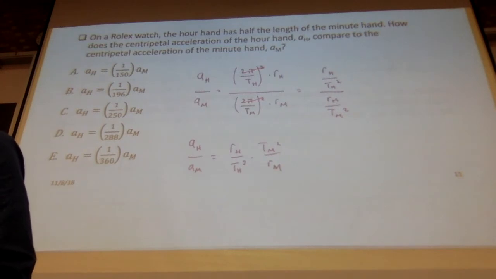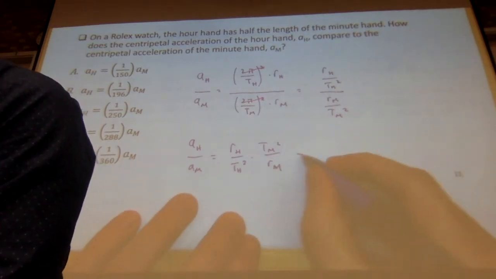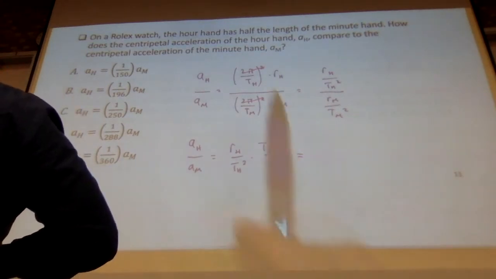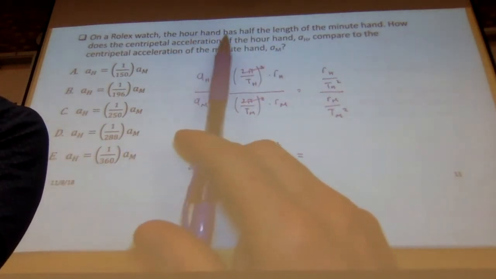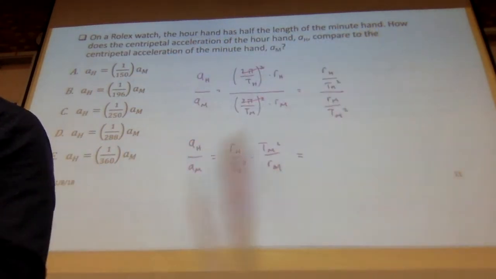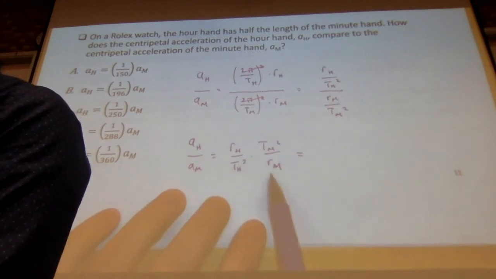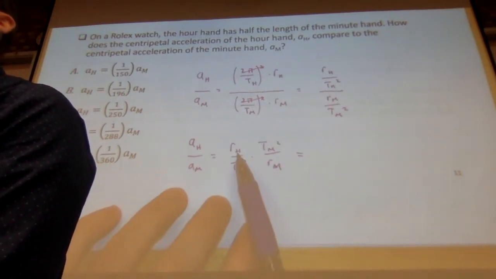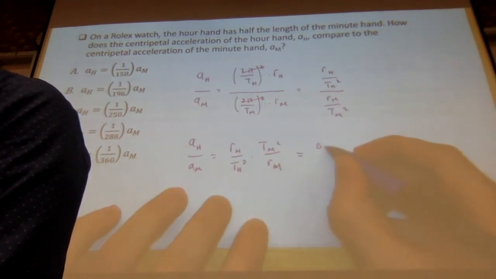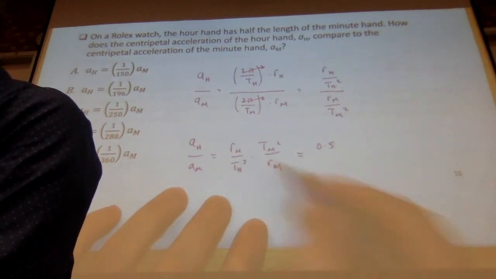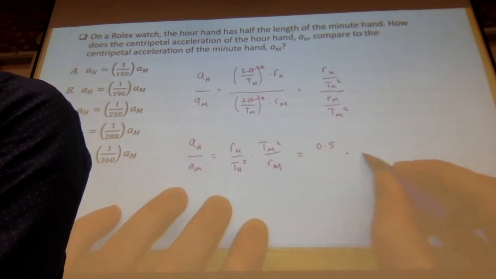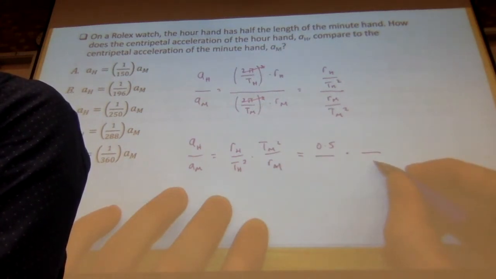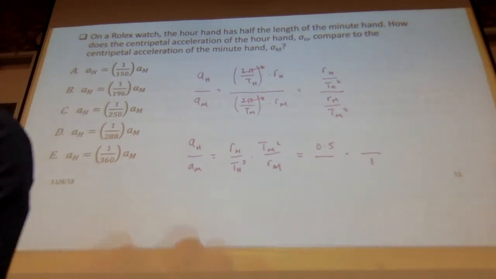And now I do my work. Let's say the hour hand has half the length of the minute hand, so I'll make the minute hand L, and I'll make this half L. So I'll just make this 0.5, so the L's will cancel. So I'd have 0.5 for the hour hand and just 1 here for the minute hand.